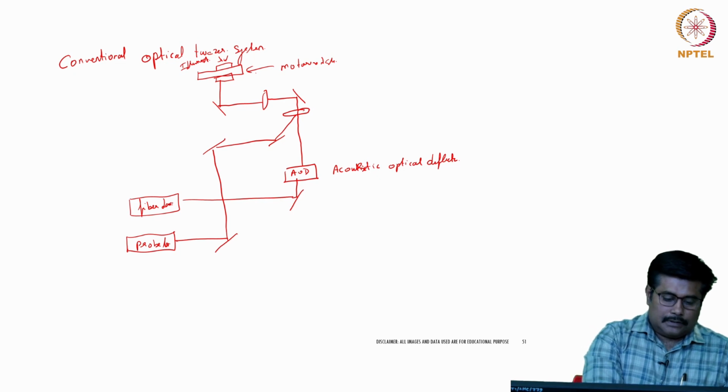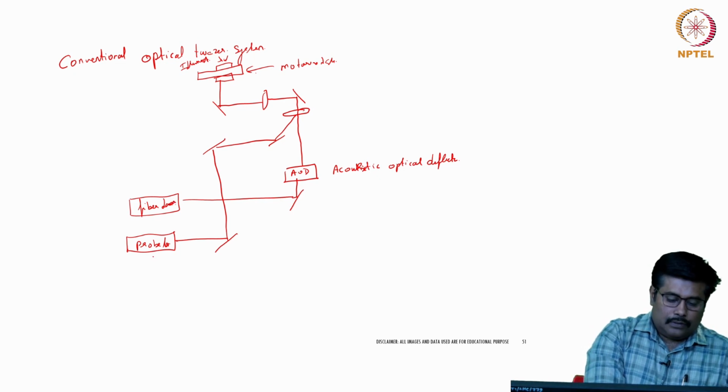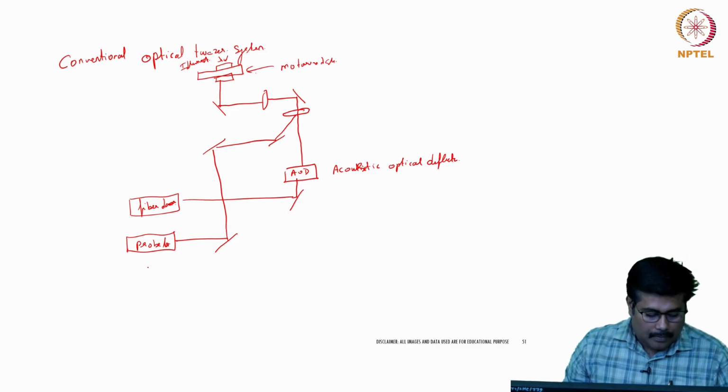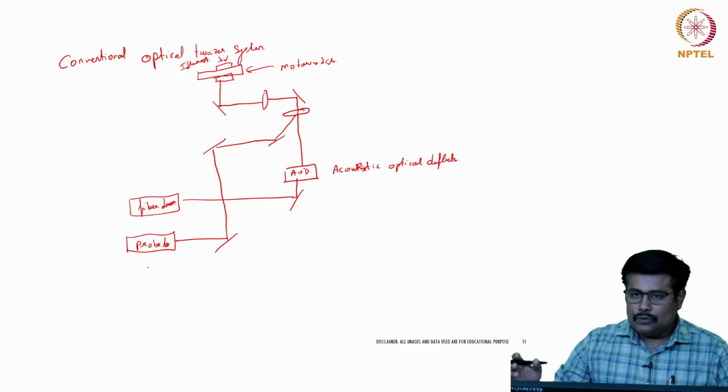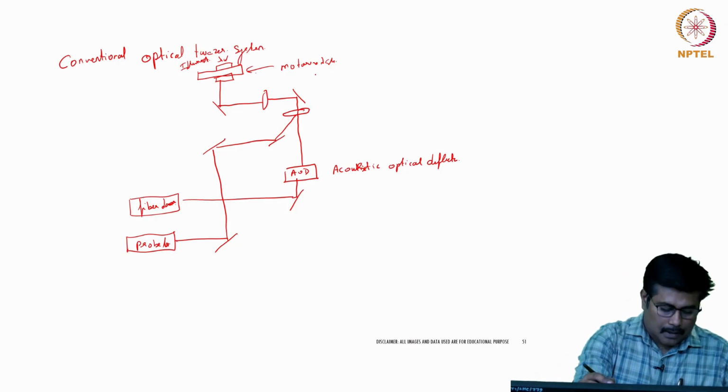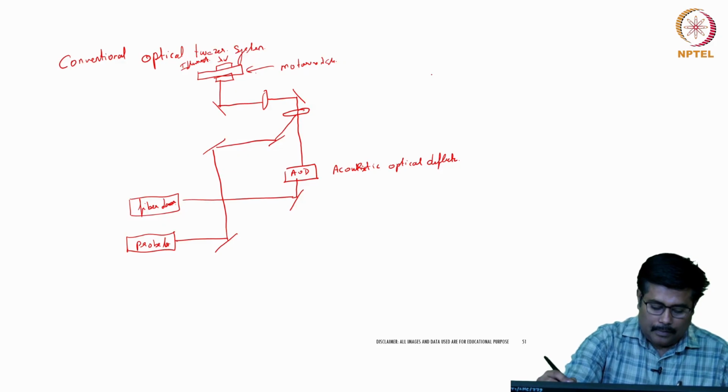So, in this particular system, we have two lasers in place. One is called a probe laser and the other is called a fiber laser. The light passes through an acoustic optical deflector, and then through an objective lens and the motorized stage, we can see the illumination. Ideally, suppose we have a structure like this.